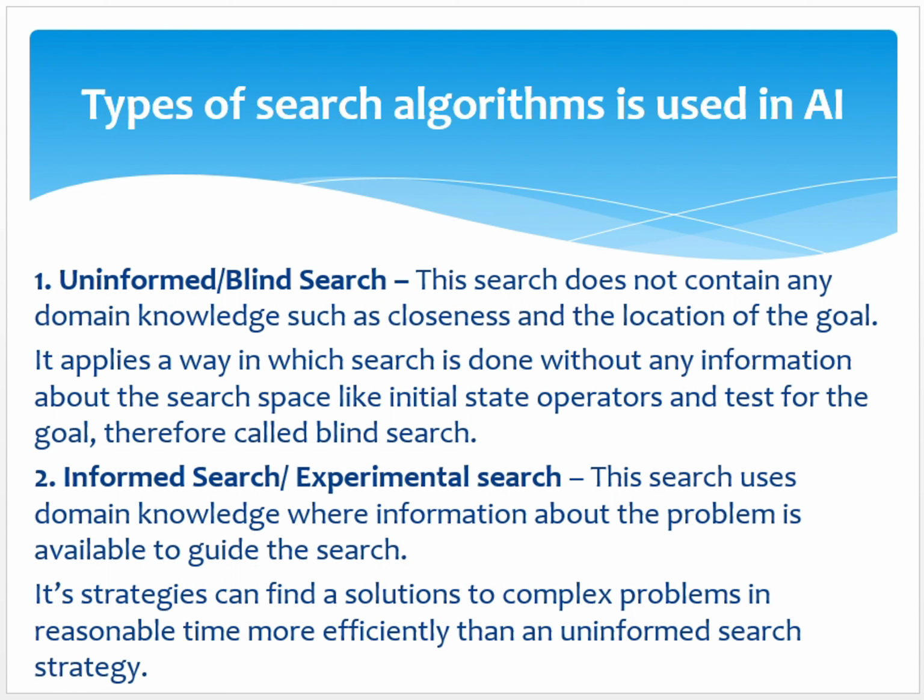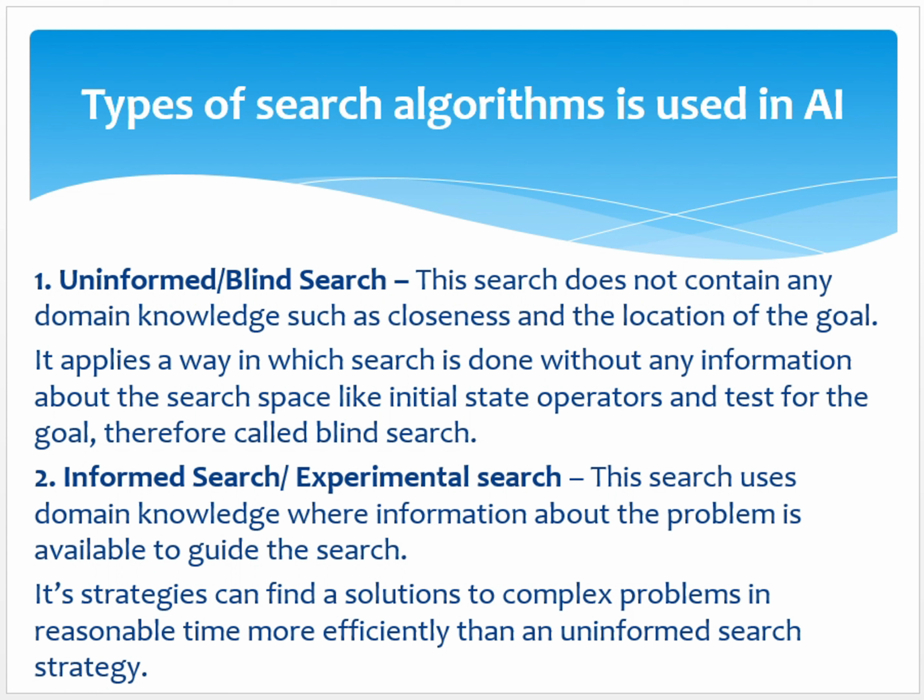Then we have number two, informed search, or another name, heuristic search. This type of search uses domain knowledge, information about its environment and what it's meant to do, about the problem at hand. That's why it's called informed search.